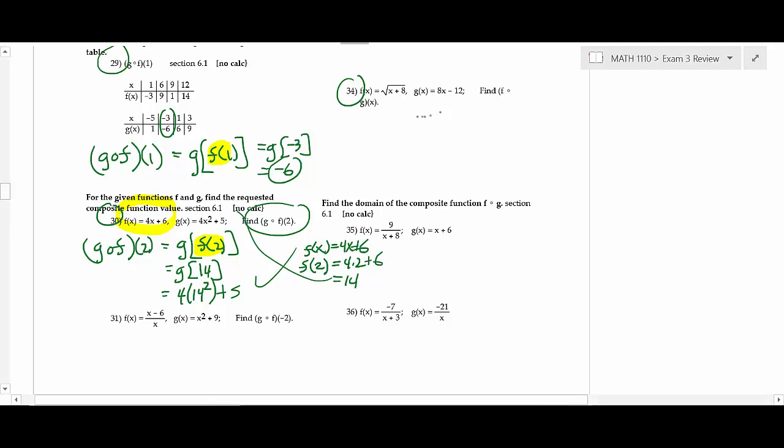So this 34, you're working out f composed of g of x. You write down the first function. So just write down f of x, but instead of an x, put a parenthesis. So it's something plus 8. Now, what goes in the parenthesis?